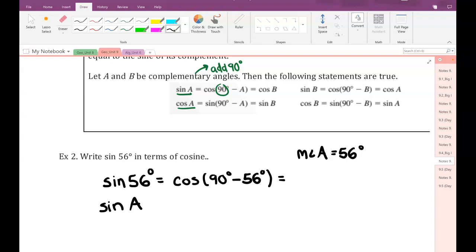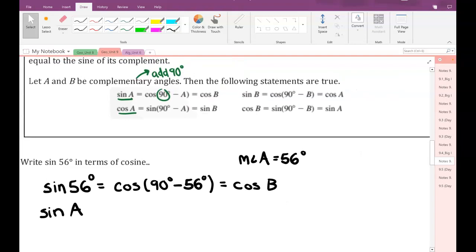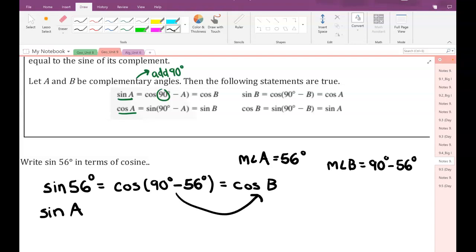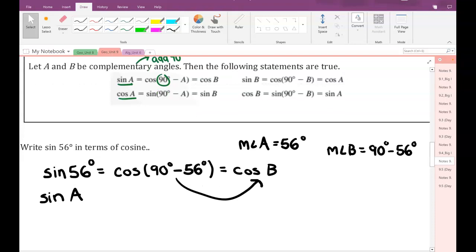And that's equal to the cosine of B. And this measure of angle B we're getting from taking 90 degrees minus 56 degrees. This 90 minus 56 is that B there.